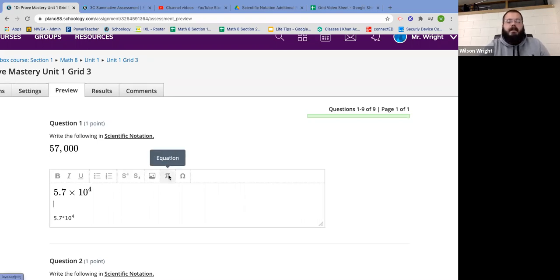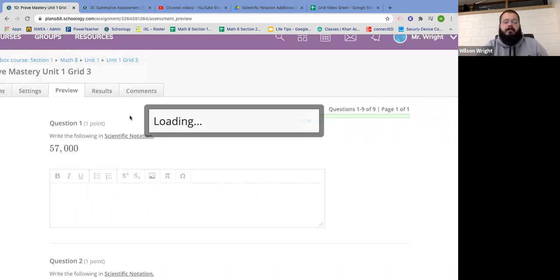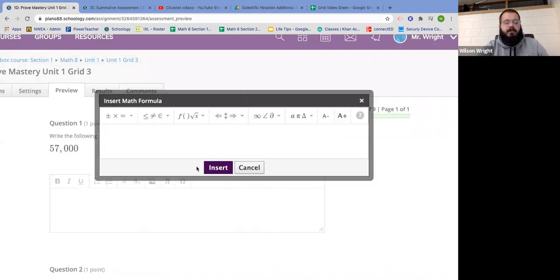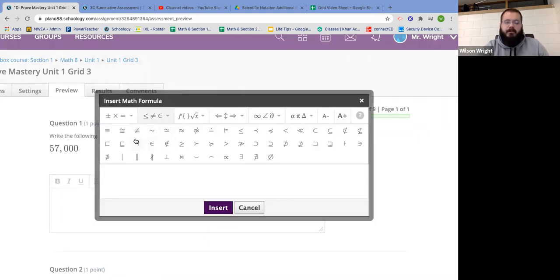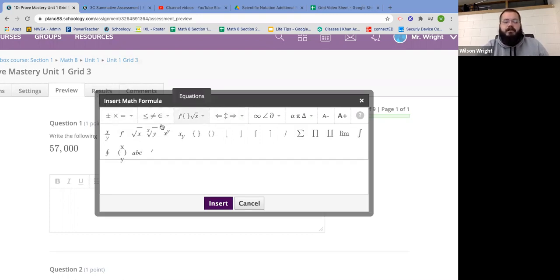And if we go back to the equation tool, there's just a lot more that we can do inside the equation tool. We can do relationships. So we have our greater than, less than, greater than or equal to, less than or equal to, not equal, congruent. We have all sorts of different signs in here. Then in our equations, we have square roots, n-th roots, fractions.